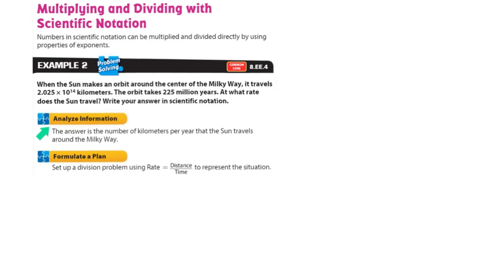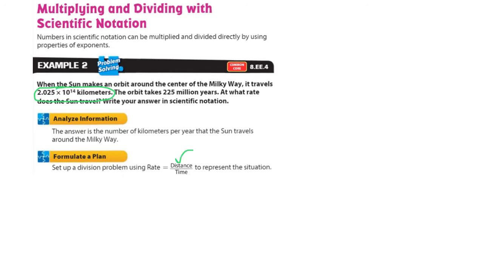So we want to figure out the number of kilometers per year that the sun travels around the Milky Way. So they want you to set up a division problem using this formula, rate equals distance divided by time. So you're trying to find a rate. So the distance is here.